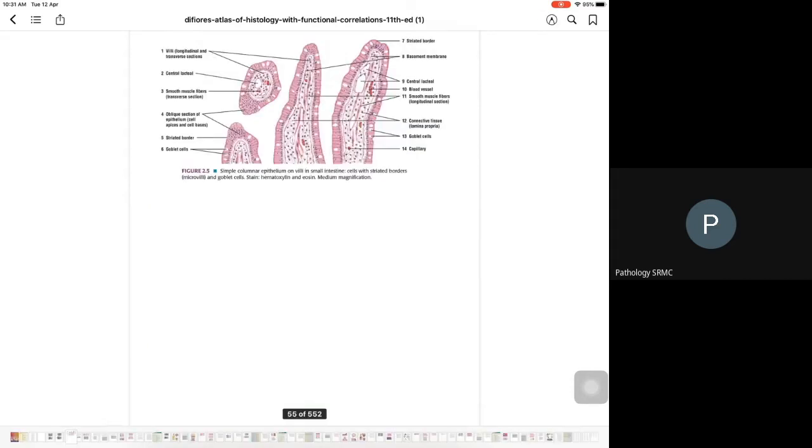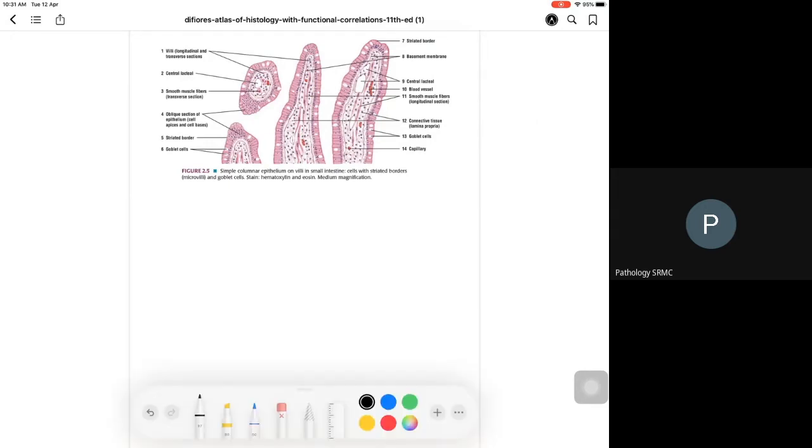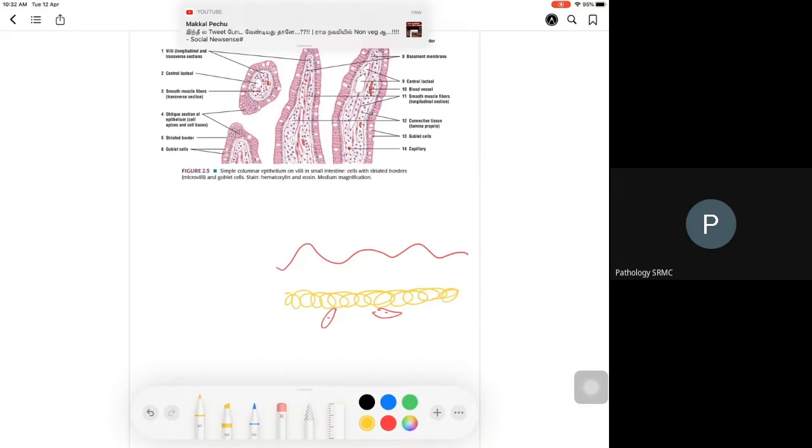Forget about the picture on the top. Now we are going to draw the 4 layers which I mentioned. The topmost will be the mucosa, and after mucosa it is submucosa. Submucosa will have a lot of fat and blood vessels. We will talk about it in a minute.